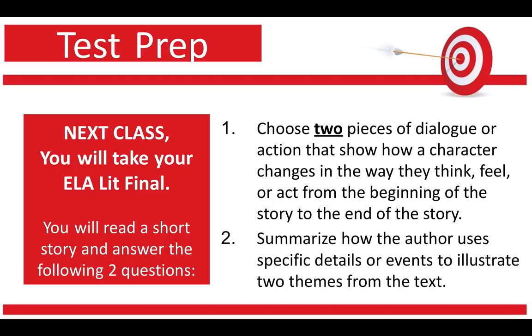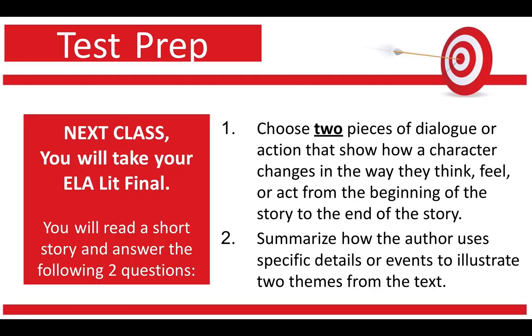Your second question is going to ask you to summarize how the author uses specific details or events to illustrate two themes from the text. So two different themes. How did you see those themes develop? It could be specifically about these characters. That'd be a great way to think about the theme, is just apply what you were talking about with the character. It could be something else as well.